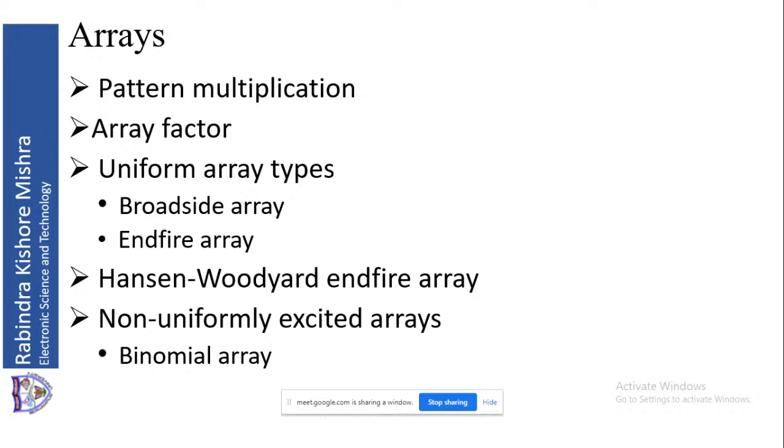The other part will be maximum usable frequency, secant law, virtual height, and then skip distance. These will form the second part for a question, a full question, or they can be in parts in section A or section B. Then the third part will be a full question only in section C, which is effect of Earth's magnetic field.